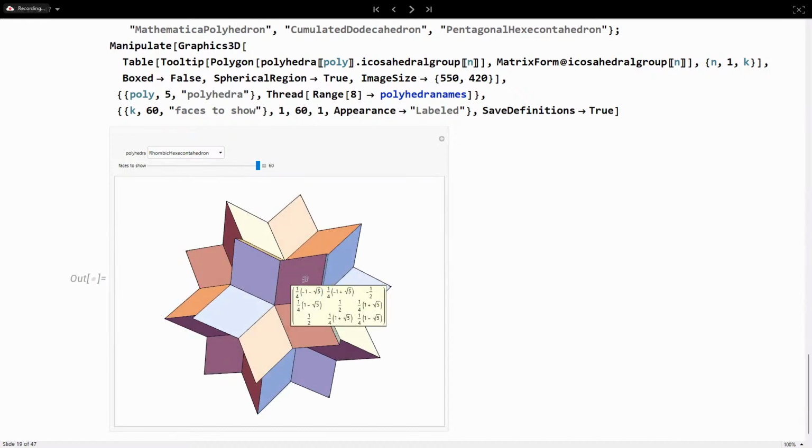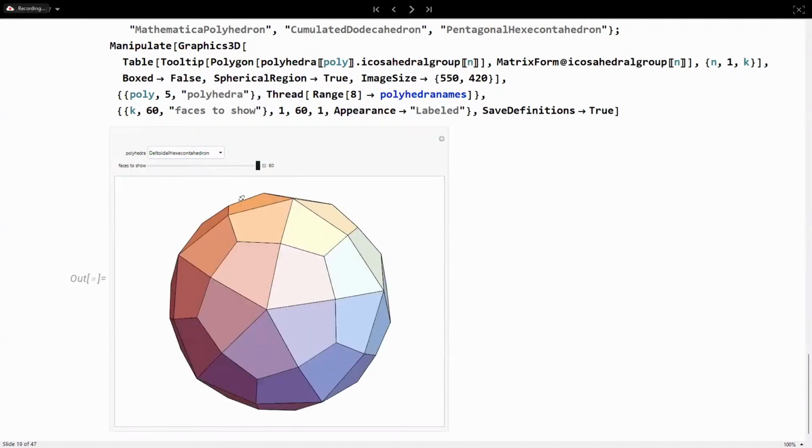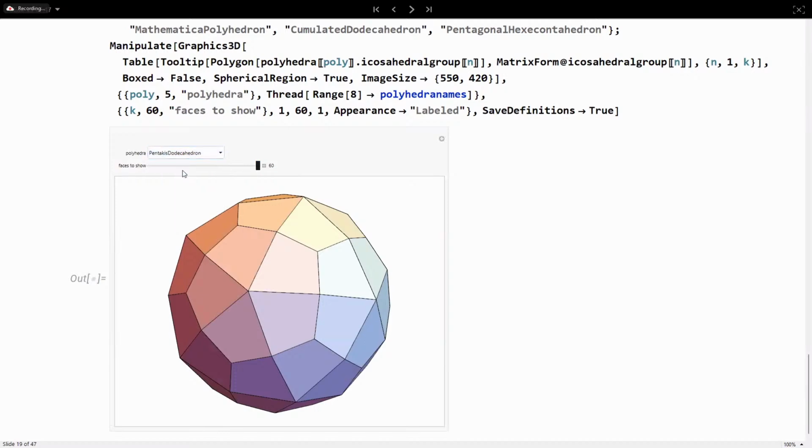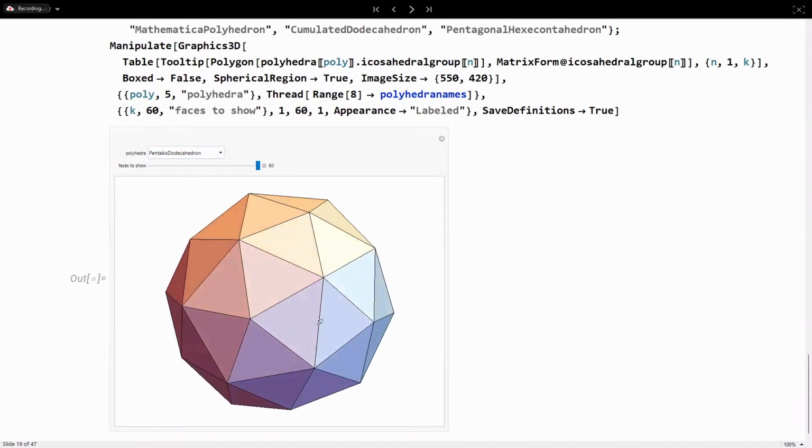Here's the matrix that produces this polygon. This is one of the polygons that uses just the tetrahedral group, which is a subset of the icosahedral group. And there's various polyhedra that are all based on the icosahedral group.